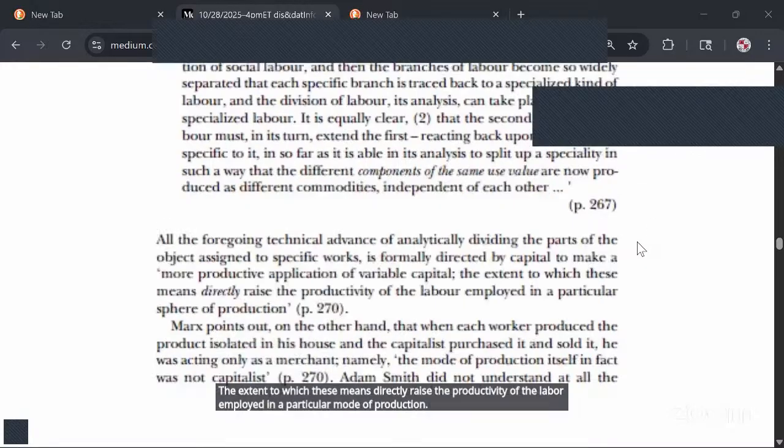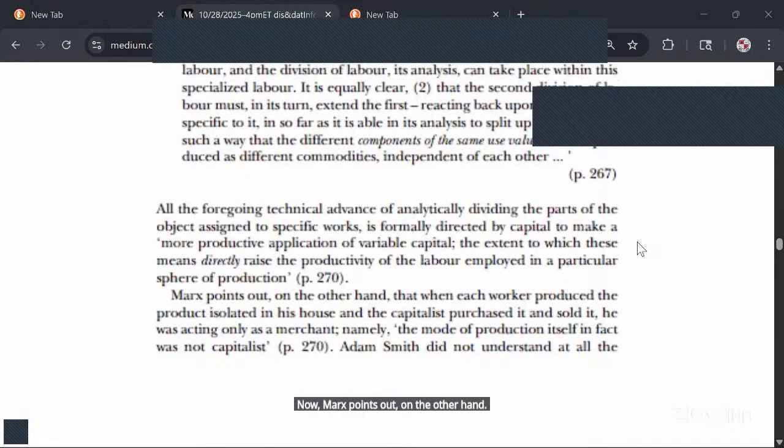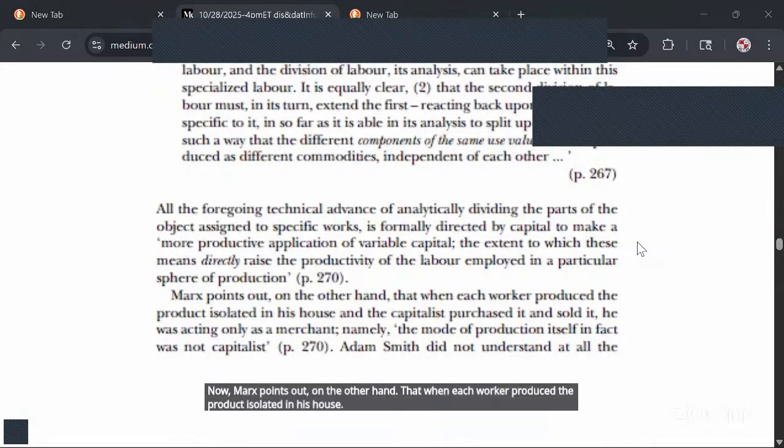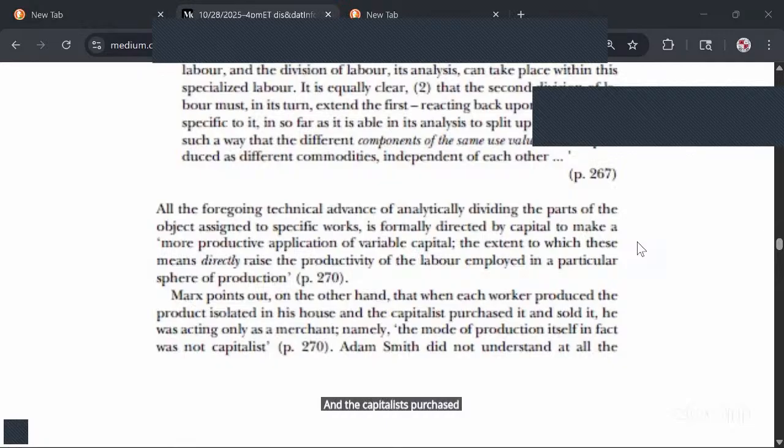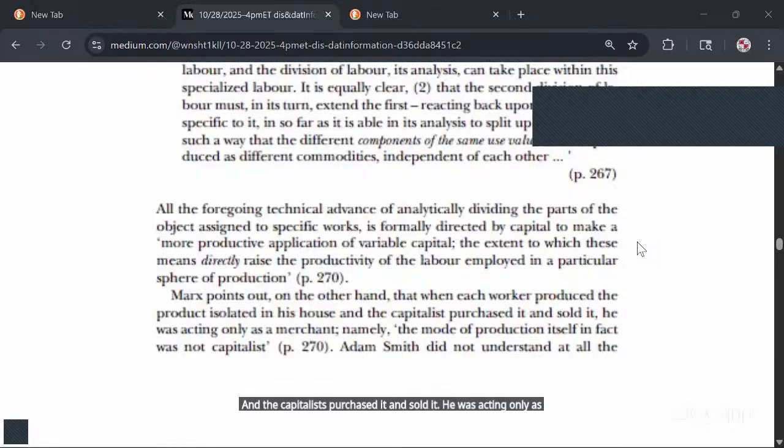Now, Marx points out, on the other hand, that when each worker produced the product isolated in his house and the capitalist purchased it and sold it, he was acting only as a merchant. Namely, the mode of production itself, in fact, was not capitalist.